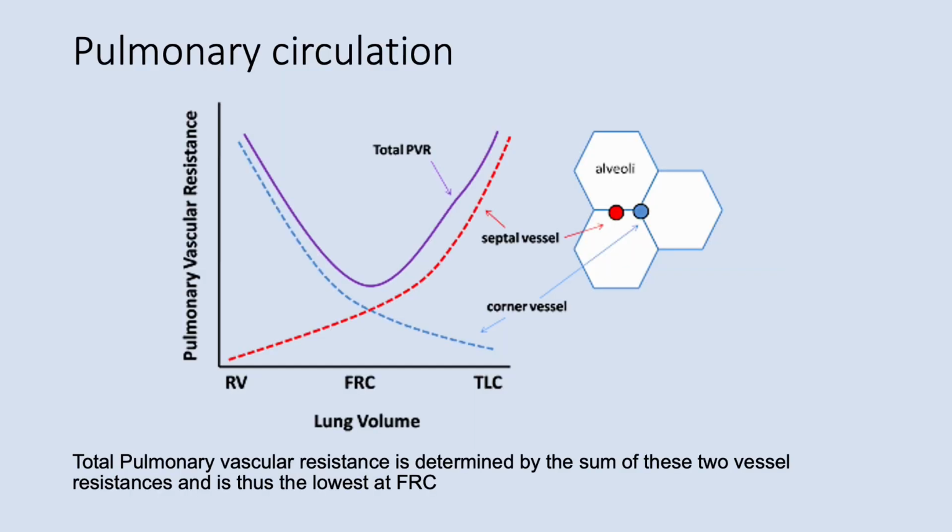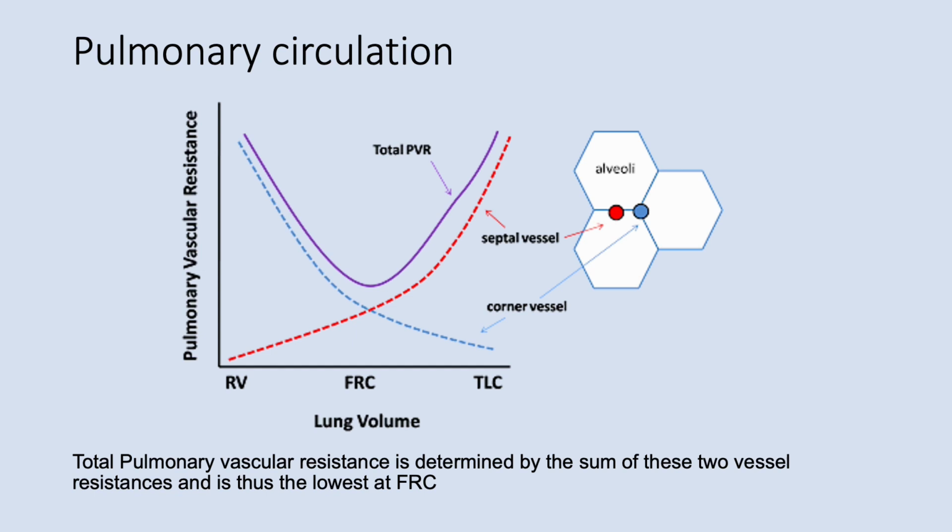So let's now talk about the effect of ventilation on pulmonary circulation. To understand that, we need to know some basics about pulmonary circulation. What determines pulmonary vascular resistance is the resistance over two types of pulmonary vessels.